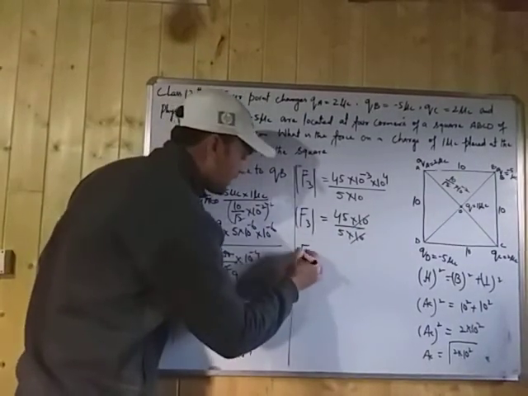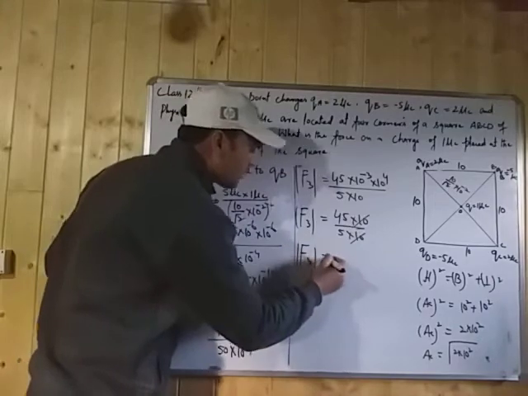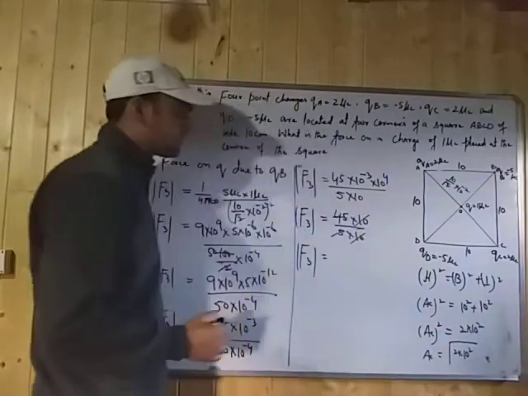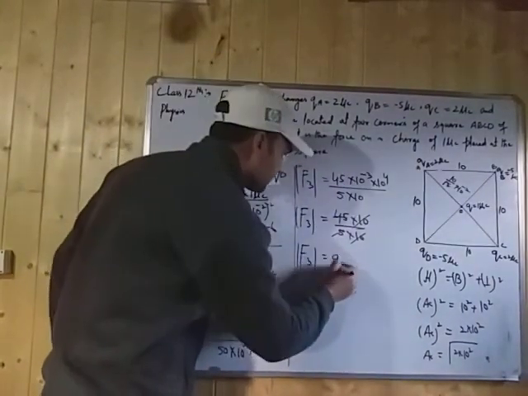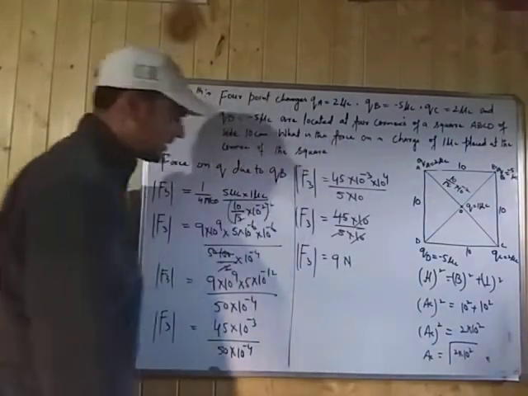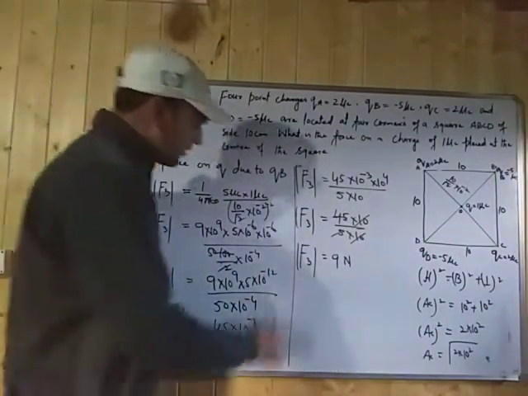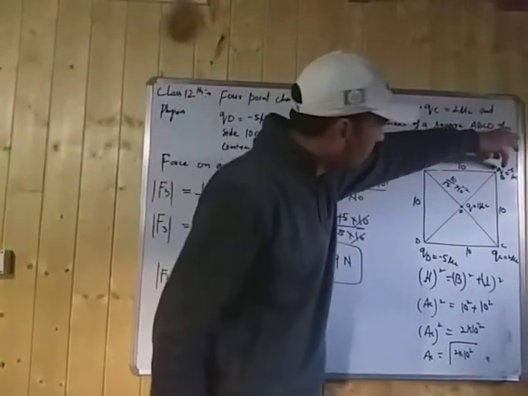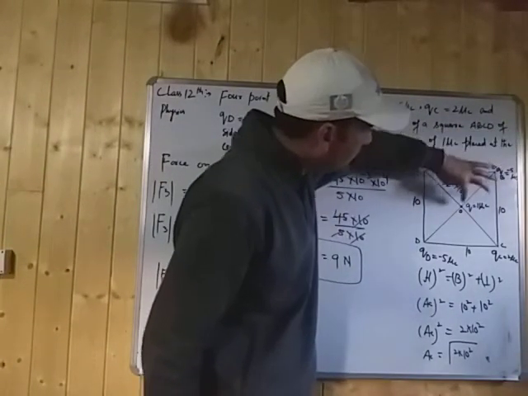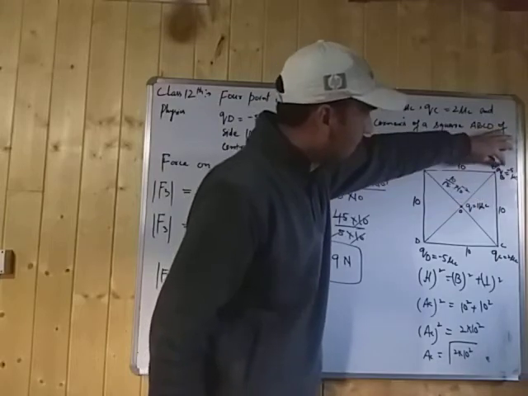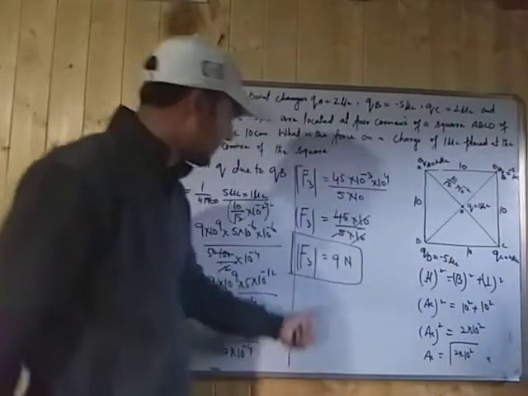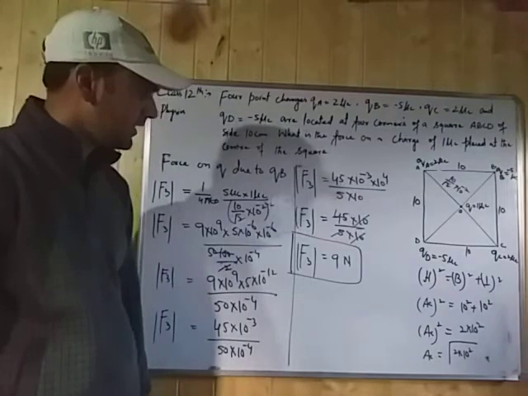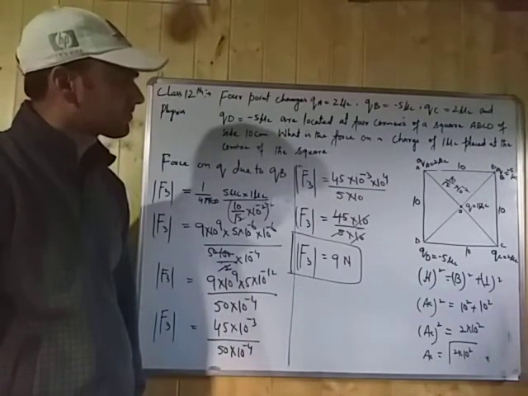So we can write here F3 is equal to, this is 9, so this will be 9 newtons. So you can see here the force of QB on Q is 9 newtons.